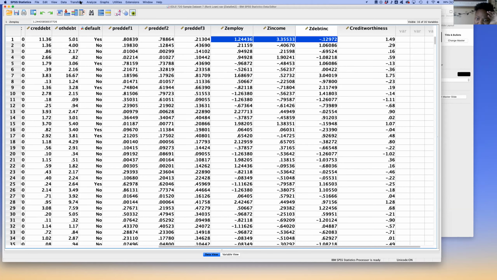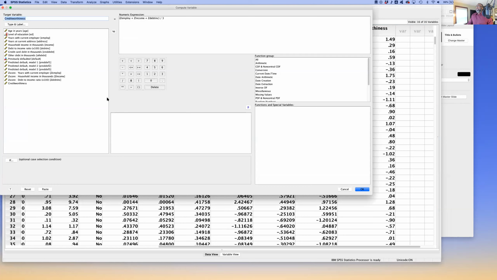Okay. Let's go over here to transform and see what we did. So you put parentheses here? No. Okay. Put a parenthesis in front of employer, and then a parenthesis at the end of debt to income, and then do the divide.